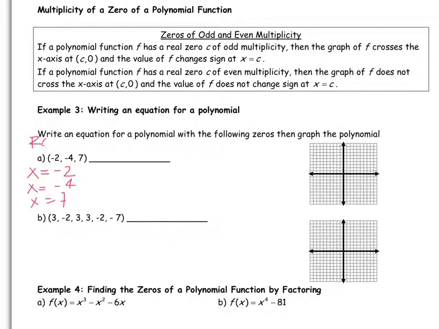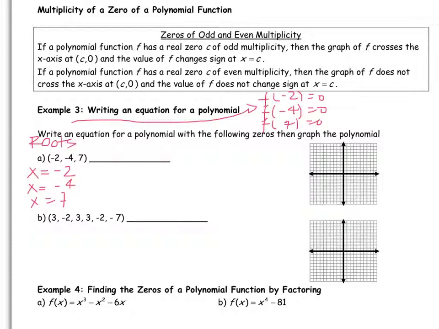These are roots. Now, in pre-calculus, what you're going to see is f at negative 2 equals 0, f at negative 4 equals 0, f at 7 equals 0. What that means is this is where the graph is going to cross the x-axis.